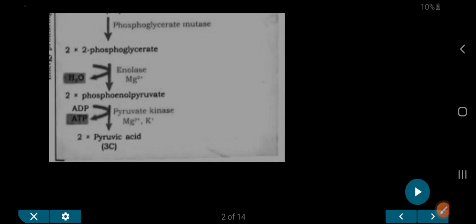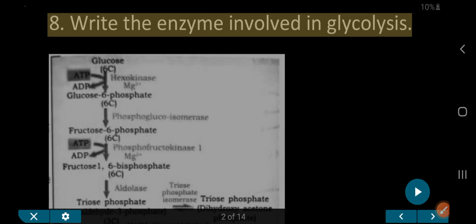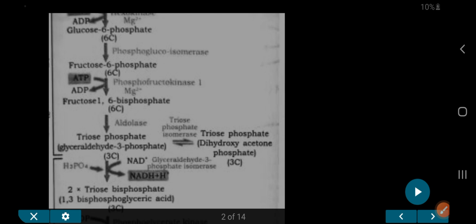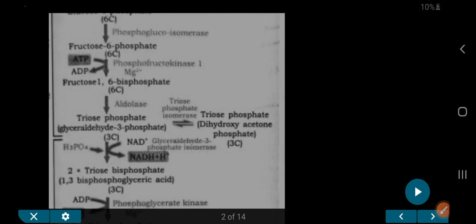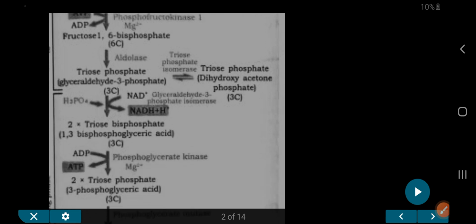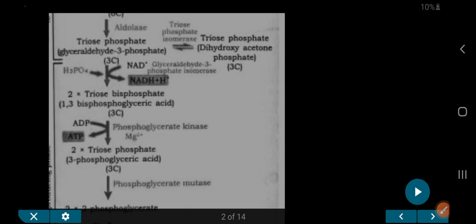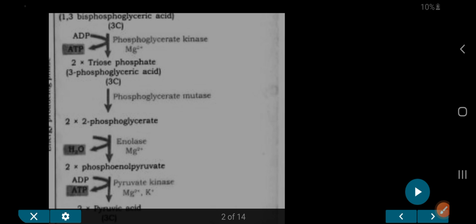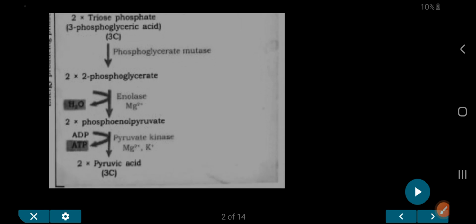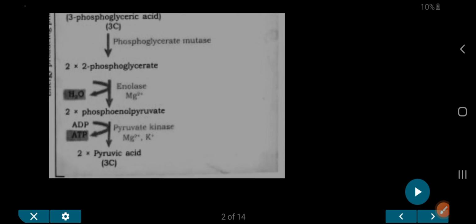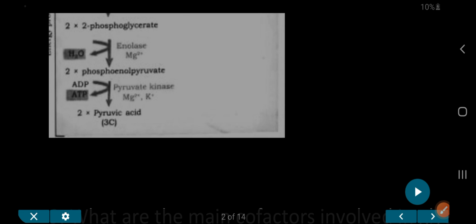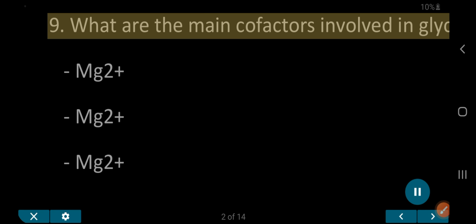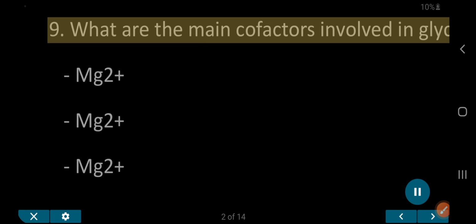Write the enzymes involved in glycolysis. 9. What are the main cofactors involved in glycolysis?